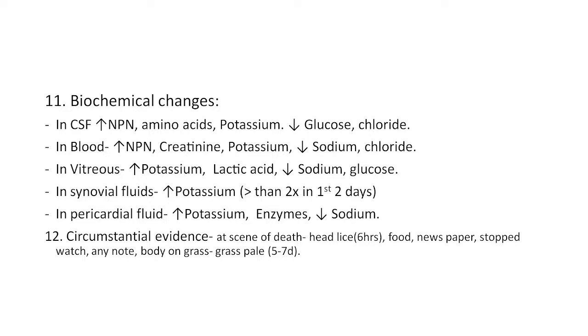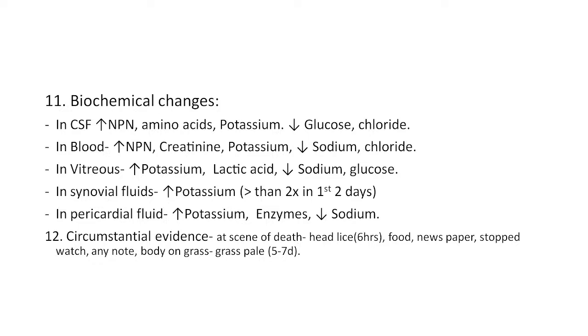So potassium will increase till 24 to 48 hours, glucose will decrease, and after that potassium will start decreasing, okay? Same is with synovial fluid, same is with pericardial fluid. So the same observations are there; different studies are going on always on these body fluids and time since death, right? These are the parameters they are considering: NPN, amino acid, potassium, glucose, chloride, etc. Potassium will be increasing after death till 24 to 48 hours.